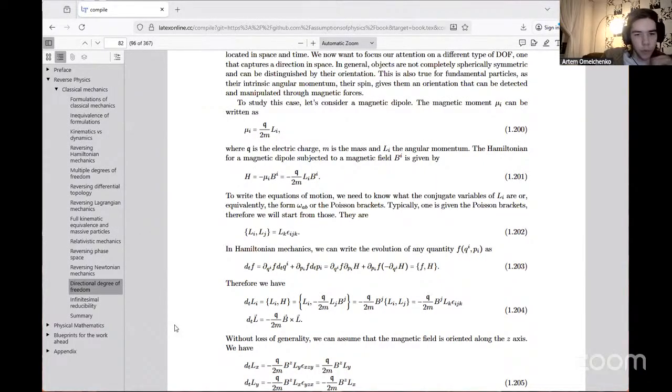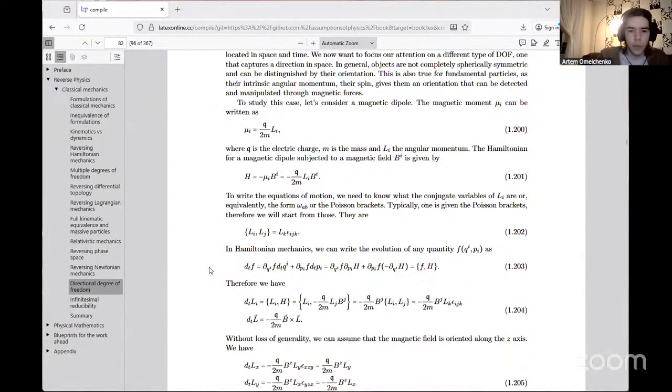We have the three different indices, and the Levi-Civita symbol. So if i, j and k are x, y, and z, the Poisson bracket between Lx and Ly is equal to Lz. And then you use the cyclical permutations, y, z, x, and z, x, y.